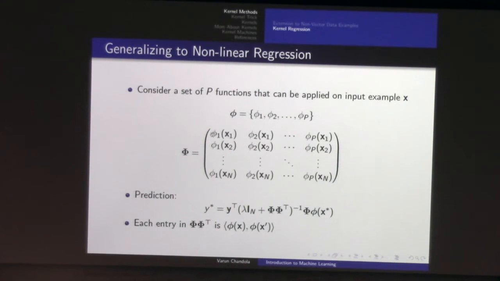We said, how about we apply new features by applying polynomial or any basis functions to your data. Then it turns out that in this new space, when you do the dot product, you can replace it by the kernel function. That was our whole story.